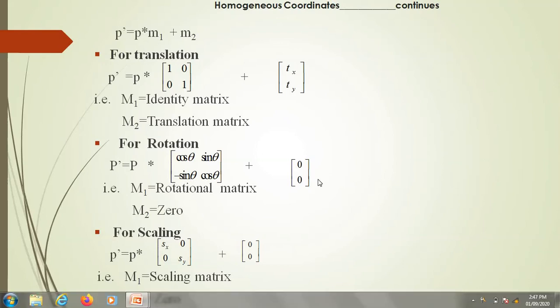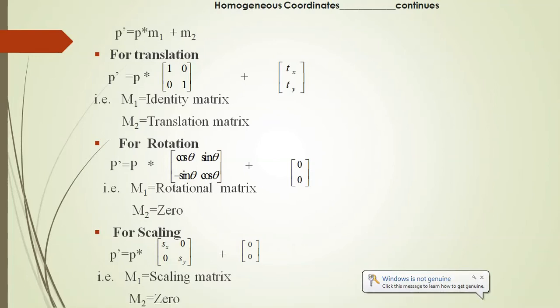So, multiplying with the identity matrix, the value is not changed. So P dash is equal to P into M1 plus M2. P dash is our new coordinate, equal to P into M1, that is the identity matrix 1 0 0 1, plus Tx and Ty, which is our translation matrix M2.